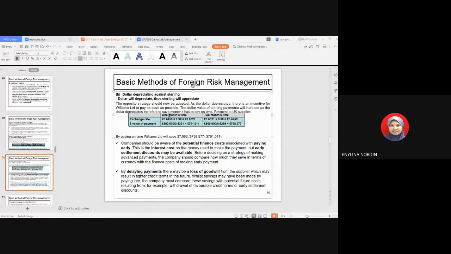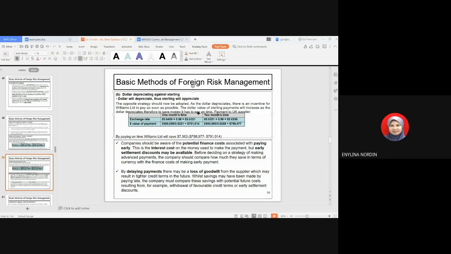So let's say the US company pays in 1 month's time, the exchange rate will become 0.6321 per dollar, right? And then the amount of dollar to be converted into pound will be $791,014.